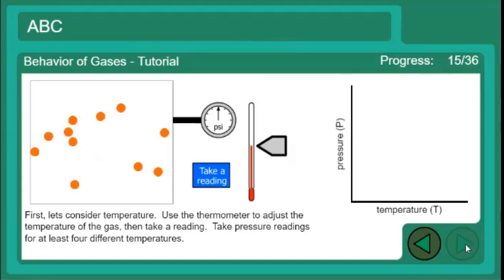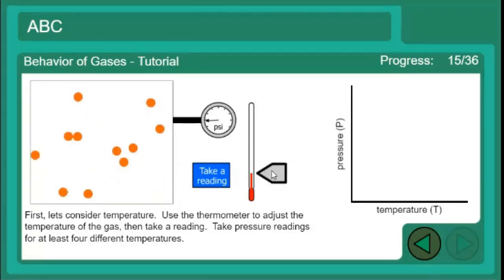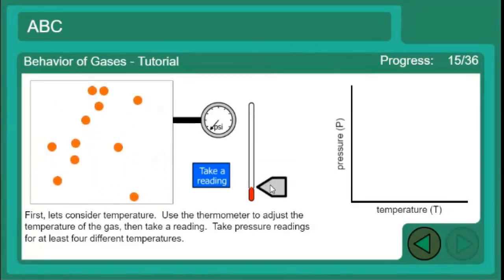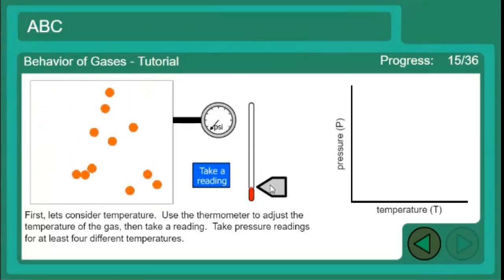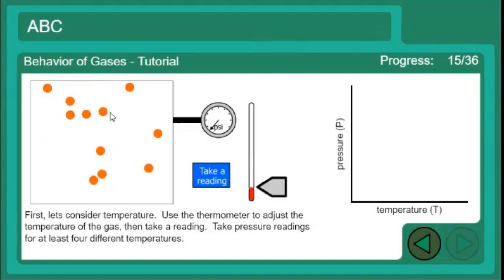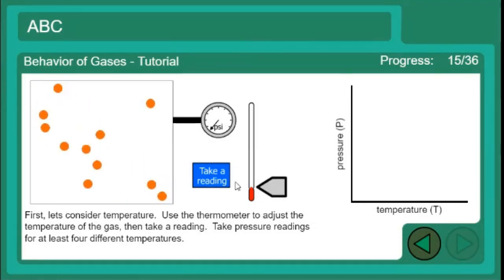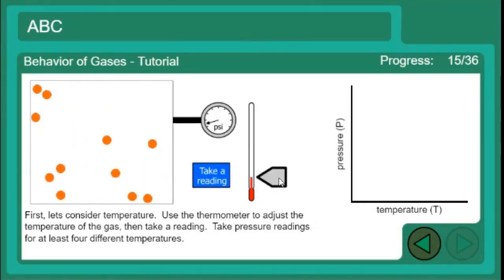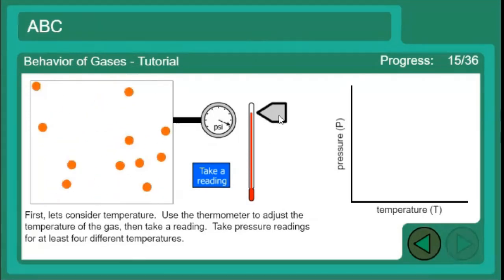So let's try. Okay, decrease temperature. When we decrease temperature, the average kinetic energy of the gas particles gets slower, meaning it decreases. When temperature increases, it is higher.